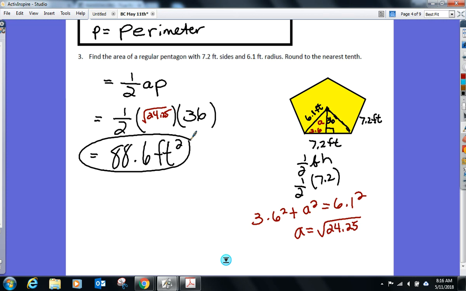We okay there? So now going back to my original point, could you have found the area of this triangle, 1/2 base times height, multiplied by 5? Yep, you could. Anything right now using 1/2 AP?